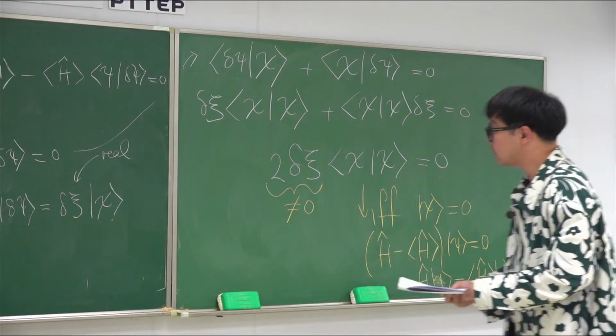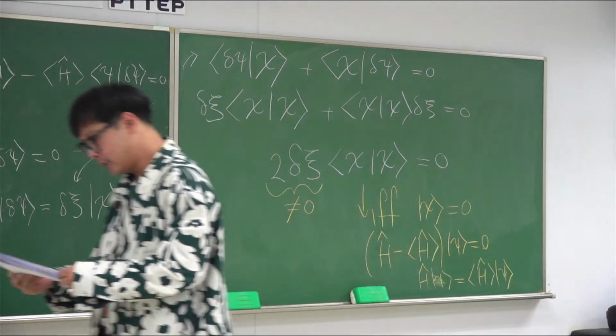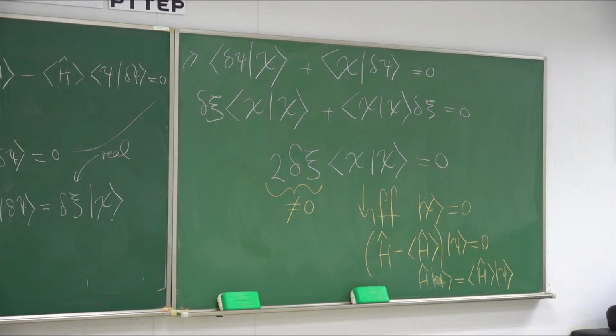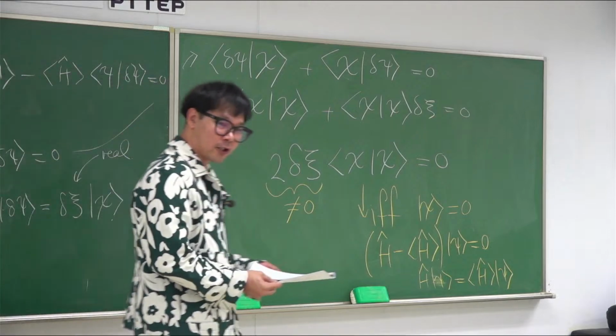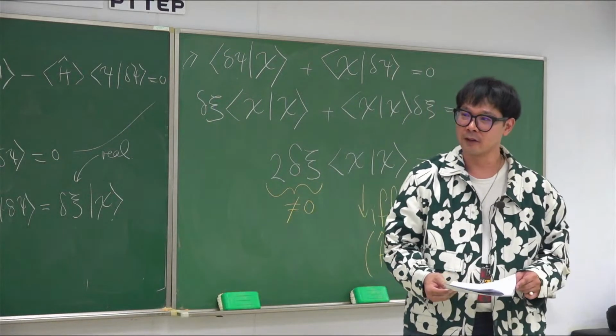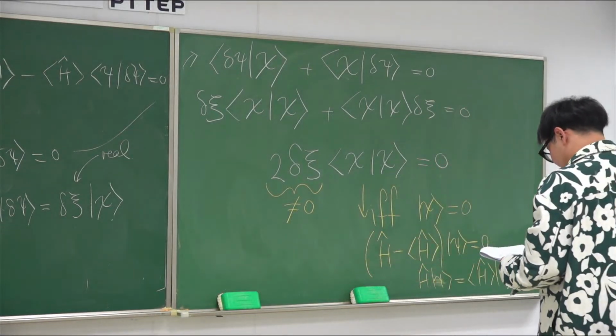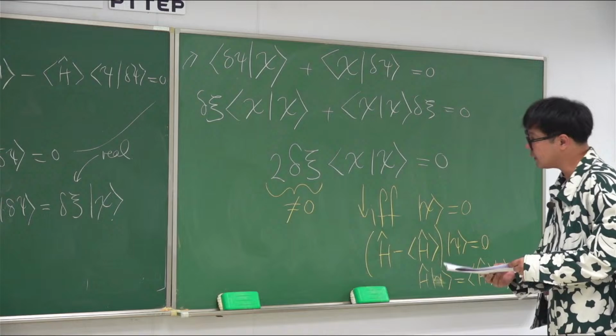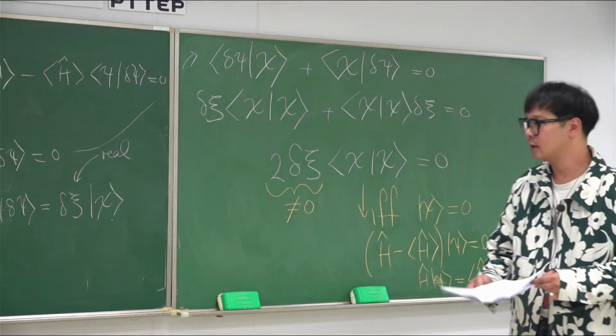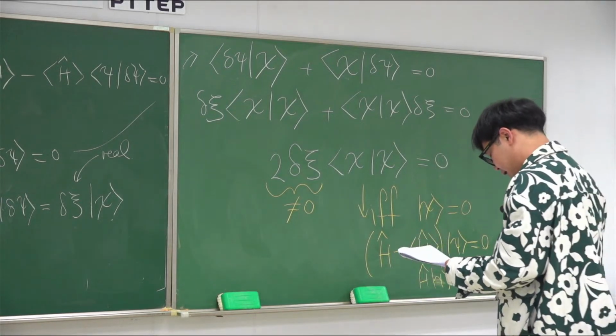We're going to prove that under the small change of the state, with delta E equal to 0, right, that is a condition that gives you an extremum, right? So that state will be your eigenstate, right?